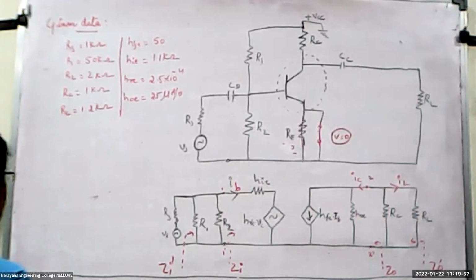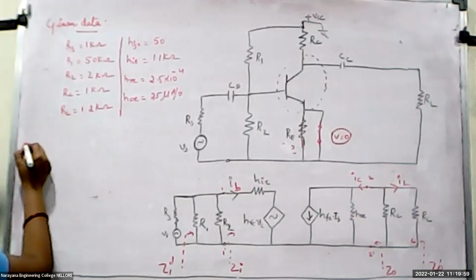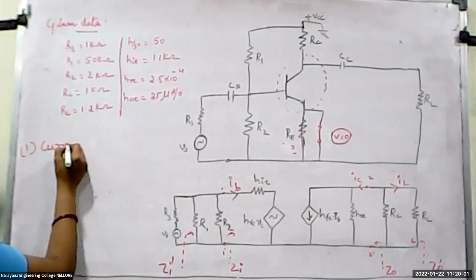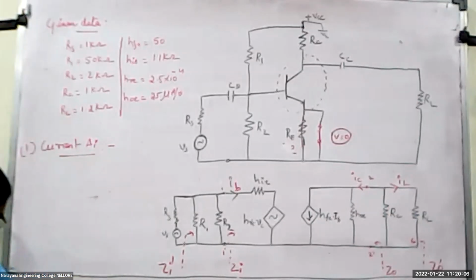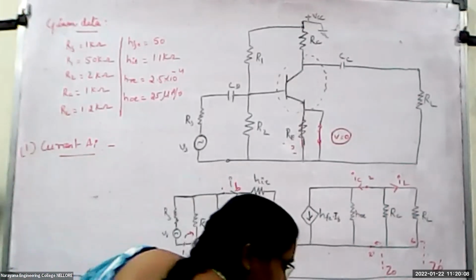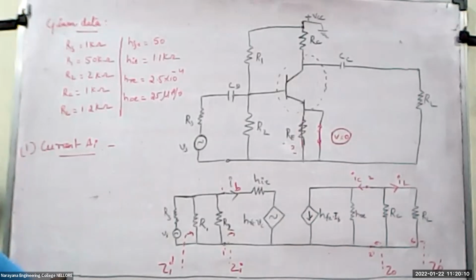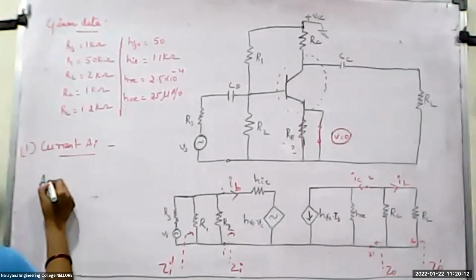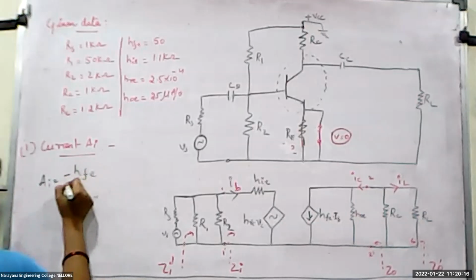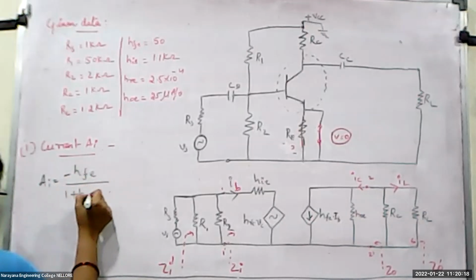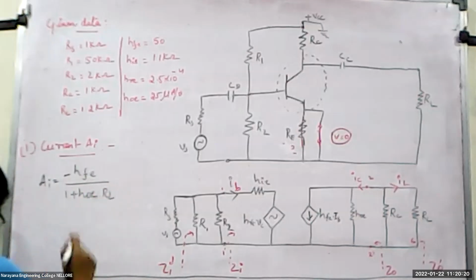So now calculate. What is the first parameter? Have to calculate current gain. First parameter is current gain, AI. So what is the formula for current gain in CE amplifier? Just substituting all formulas, AI is equal to minus hfe by 1 plus hoe into RL.